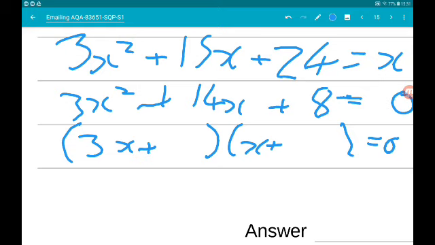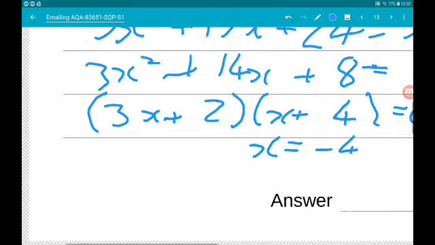If we plonk a plus 4 in there, then that's going to give us 4 times 3x, which is going to give us 12x. So then if we put our 2 in there, that is going to get us up to 14x in the middle.